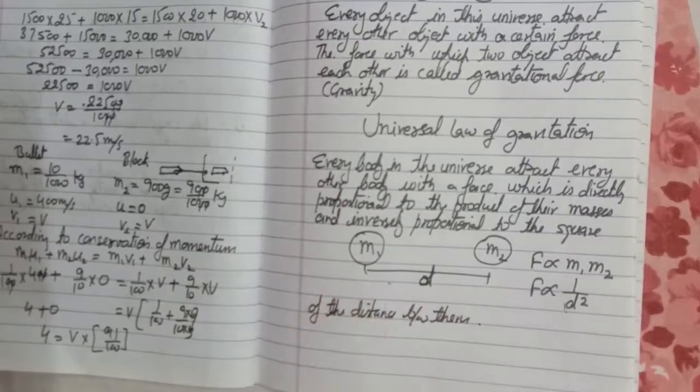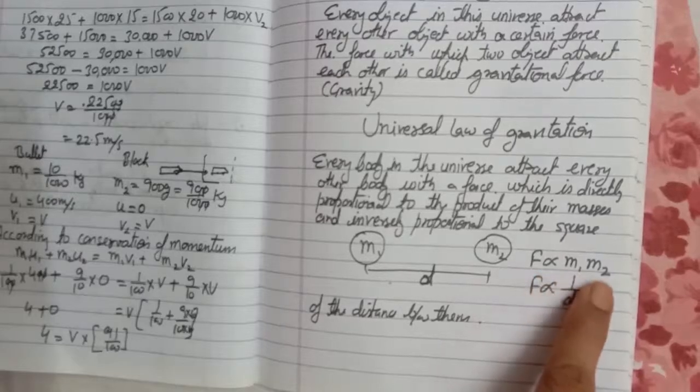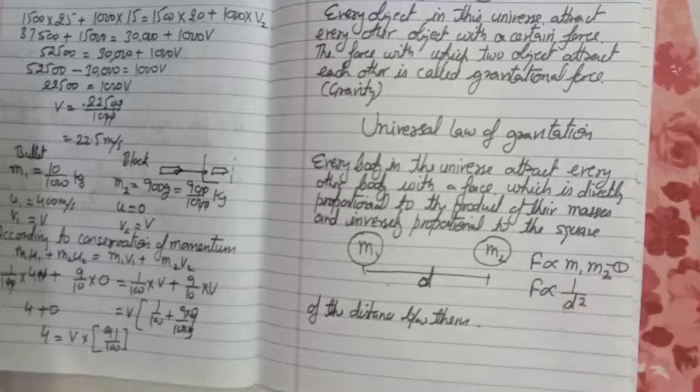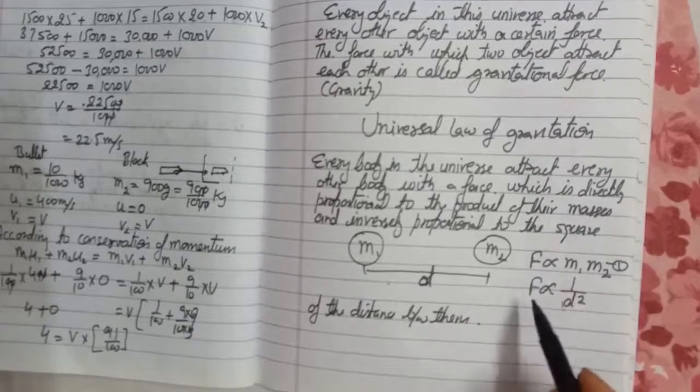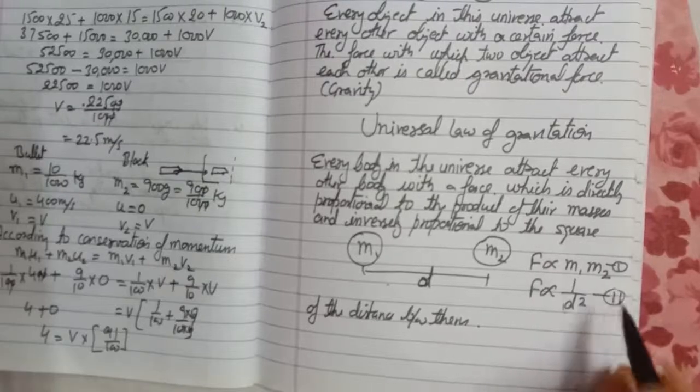Now you will write that F is directly proportional to m1 m2. This is equation 1. And then you will write F is inversely proportional to 1 upon d square. This is equation 2.